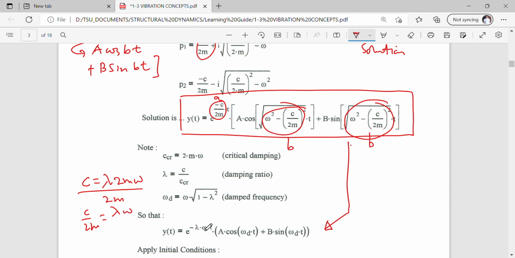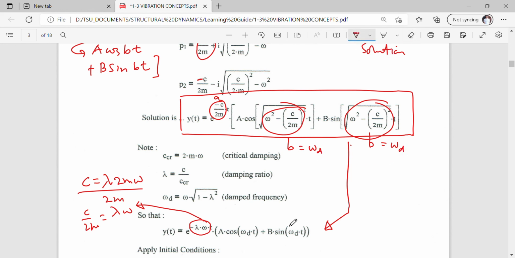So that's why there's a negative omega lambda there, because this is negative. Okay, so this becomes a cosine omega_d t. So itong b na to naging omega_d, with kasama yung square root, and this becomes omega_d. D is a subscript. It is not a variable, no? So it's a subscript.